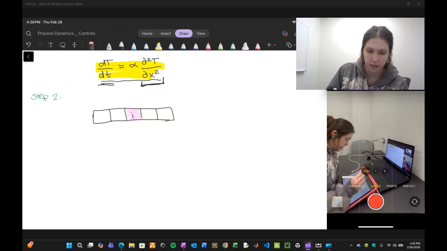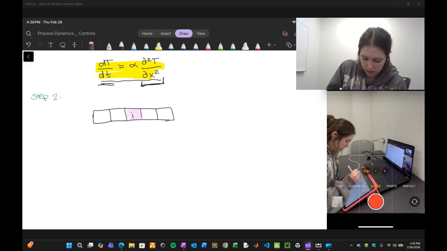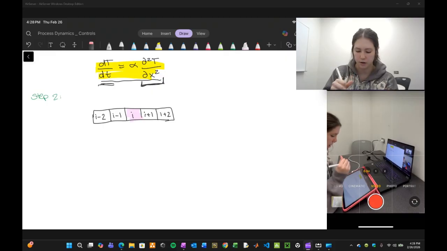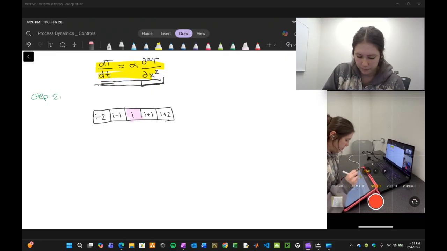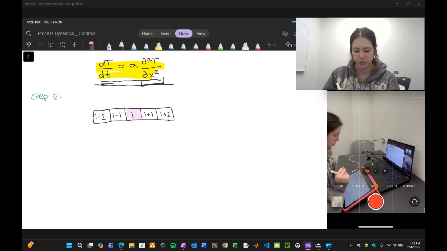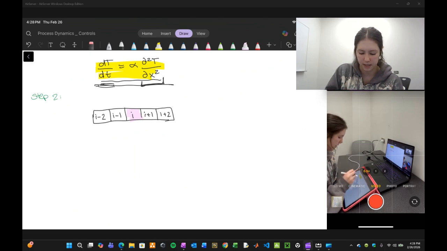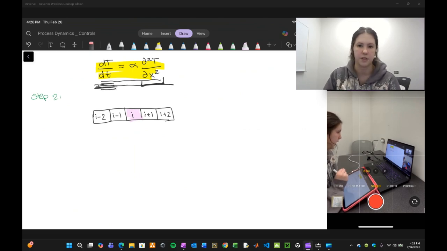And so these other sections will be I minus 1 and I minus 2 and I plus 1 and I plus 2. So if you look at our heat diffusion equation up here, we can see that this side on the left is looking at the change in temperature with respect to time and not position.